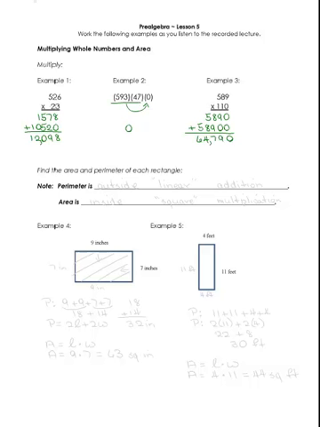Now let's take a look at this final couple of examples. Example 4, note that it says they want us to find the area and the perimeter of each of these two rectangles. Now we did perimeter before. Remember, perimeter is an outside measurement, but area is different. It is an inside measurement. Let's look at the difference of these two. Perimeter is always listed in linear feet or linear inches.